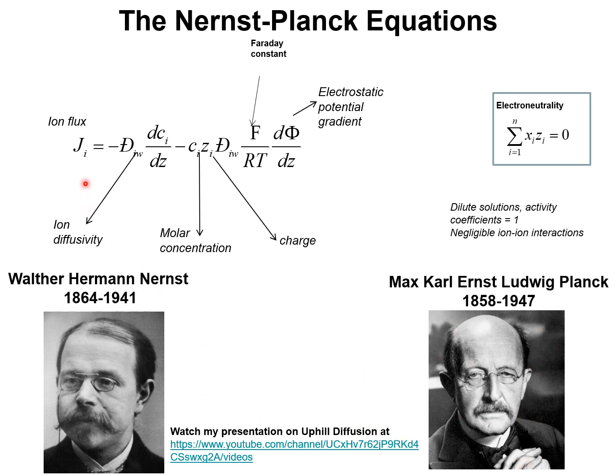The Nernst-Planck equation writes the ionic flux of species i as a sum of two contributions. The first contribution is due to the concentration gradients, where c is the molar concentration, and D_iW is the ionic diffusivity. W stands for water, i is the ionic species.